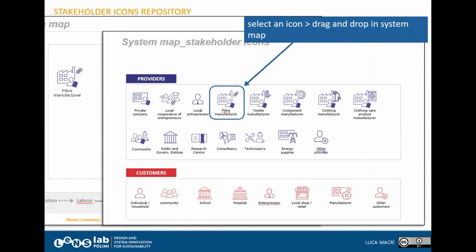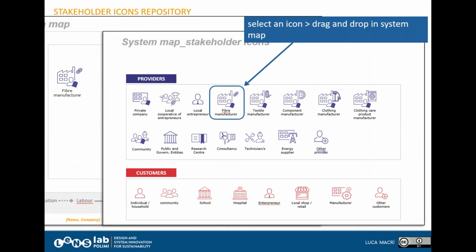And how to build the system up. Again, it's very similar to the innovation diagram. You have the board in one slide, and in other slides you have some repositories. Here you see a repository, for example. You see the system map stakeholder icons are the repository of all the icons that you could use, or you can add even more if you want.